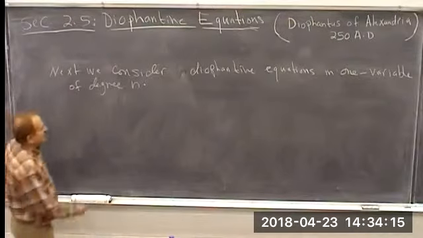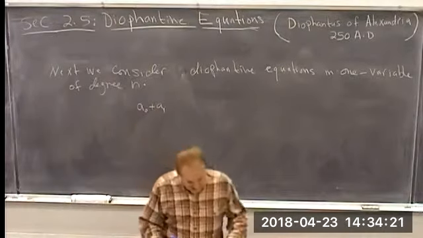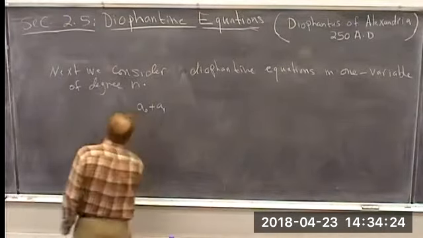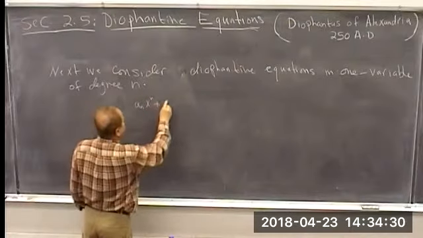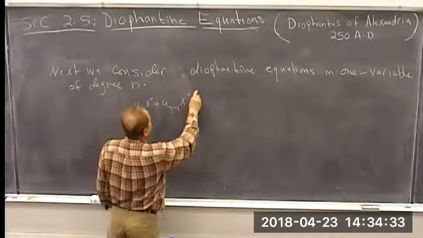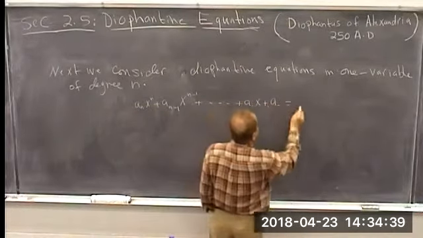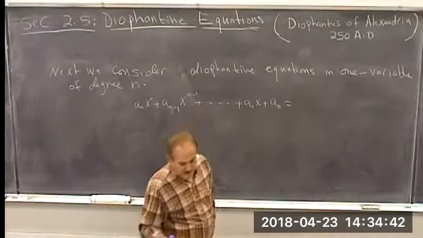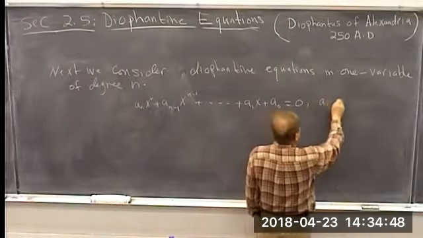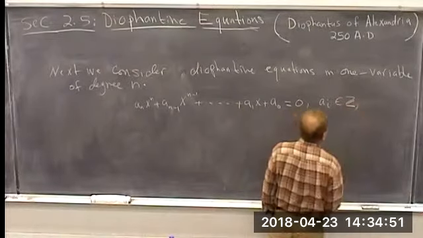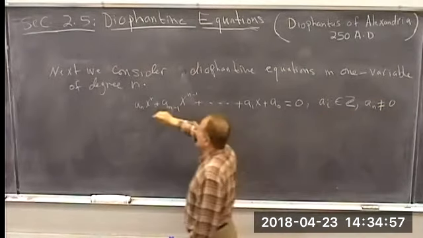This equation looks like this: a sub n x^n plus a sub n minus 1 x^(n-1) plus and so on, plus a1 x plus a sub 0 is equal to 0, where all the a_i's belong to Z, and a_n we don't want to equal 0, to call this an equation of degree n.